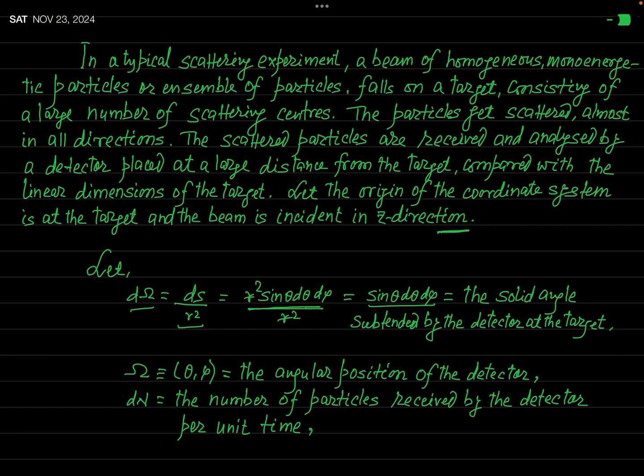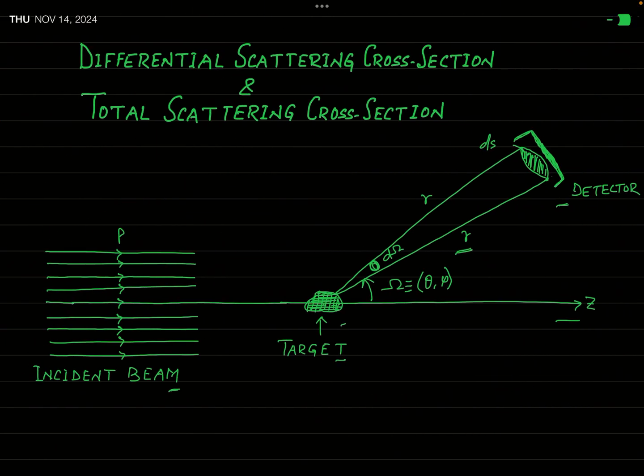We have also assumed that this capital omega is the angle which measures the angular position of the detector, and this angular position is a function of theta and phi.